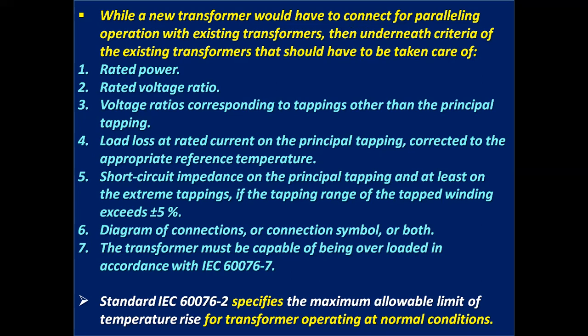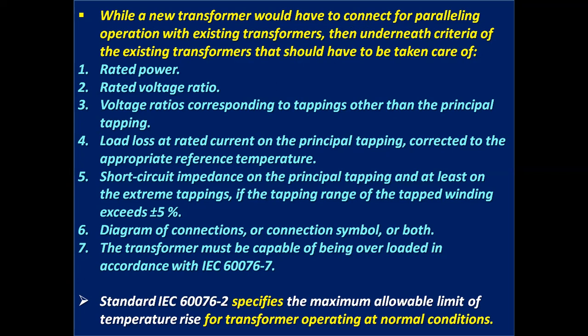Number 6, diagram of connections or connection symbol or both. Number 7, the transformer must be capable of being overloaded in accordance with IEC 60076-7.